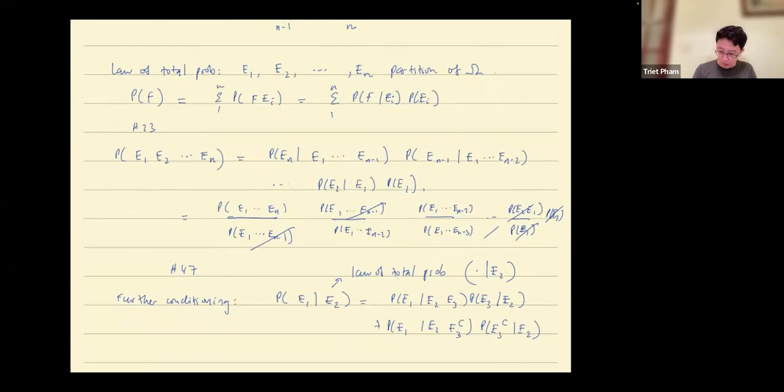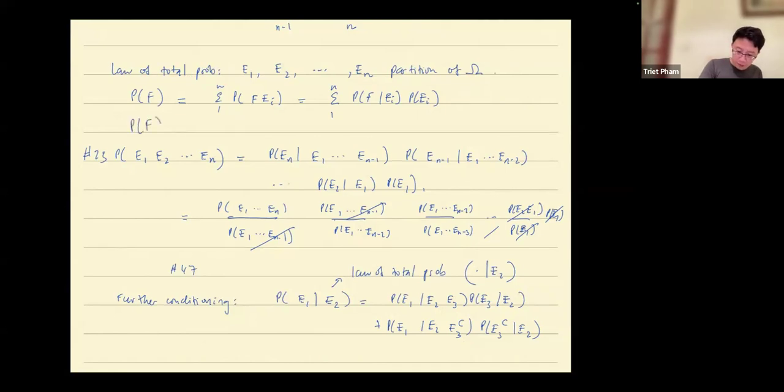But now instead of conditioning on E3 and E3 complement, so okay, let me write like here. In the law of total probability, the easiest implementation is when you have two events, E and E complement, because they form a partition of the sample space.